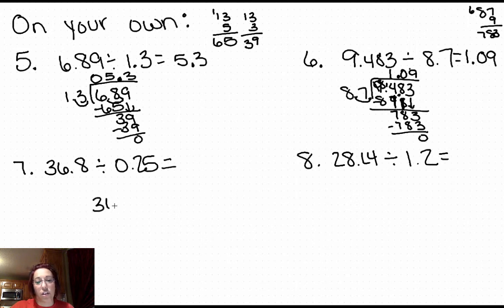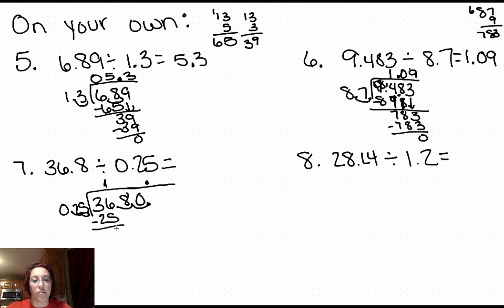So let's come down here. We have 36 and 8/10 divided by 25 hundredths, 1, 2, 1, 2. Anytime we have a hole, we fill it with a 0, and our decimal goes on the top line. 25 will go into 36 once. 118. Well, 100 would be 4 times. 180.